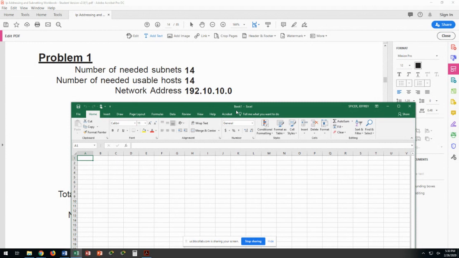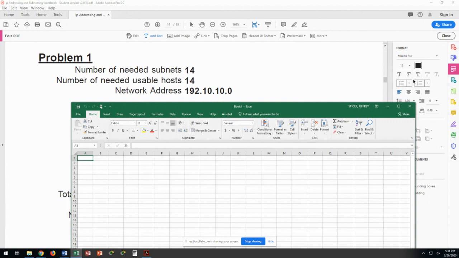So for network 3, 192.10.10.33 to 46, we can assign to machines. Okay. 32 and 47, we can't use. We use them, but we can't assign them to a computer. They're already used. Some of that from the video, he's talking about something like that. Okay. All right.